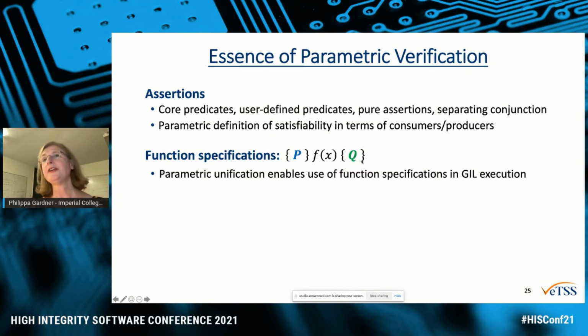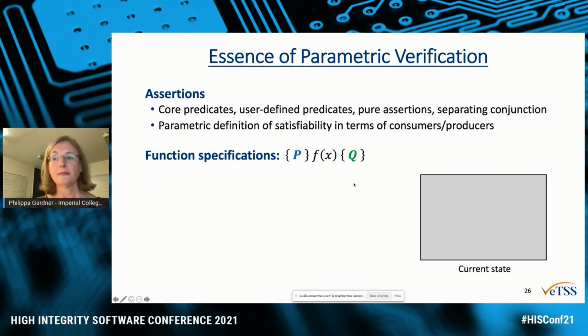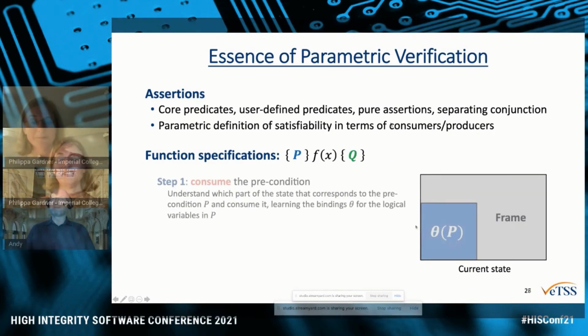So if we have a usual Hoare triple, looking like this, where this is the precondition and this is the postcondition, this little precondition needs to be matched to the current state, i.e. it's going to be matched to a part of the current state.